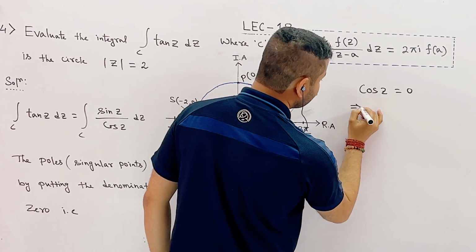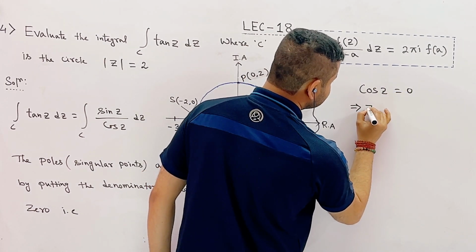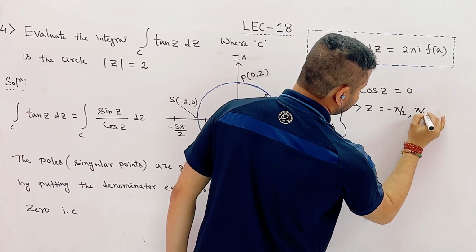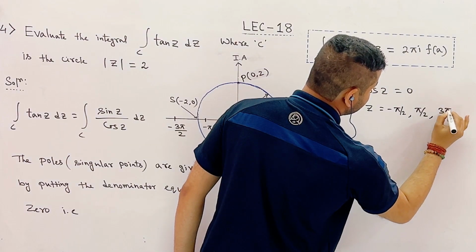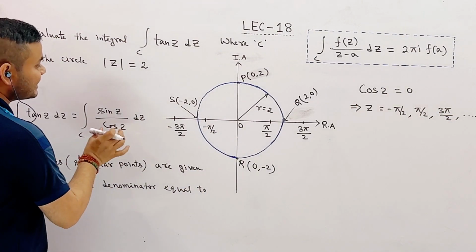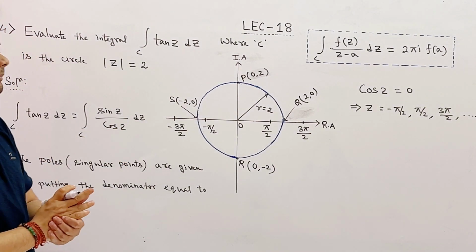If we simplify, we will get z equal to minus pi by 2, plus pi by 2, 3 pi by 2, and so on. So we have seen that this integrand has infinite number of poles.